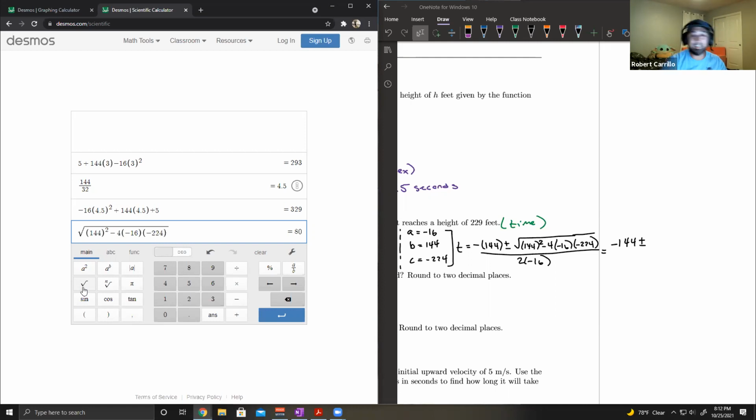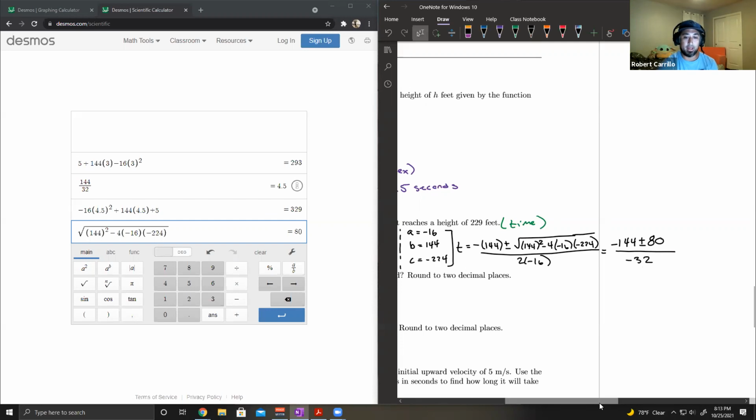Oh my goodness, that came out real nice. Look at that. You get 80 over negative 32. So the square root of all of that becomes 80. That's worked out very nice.